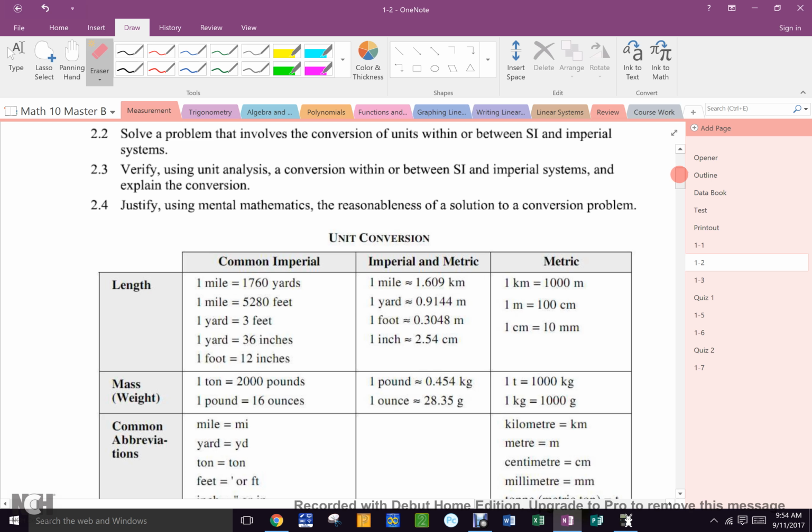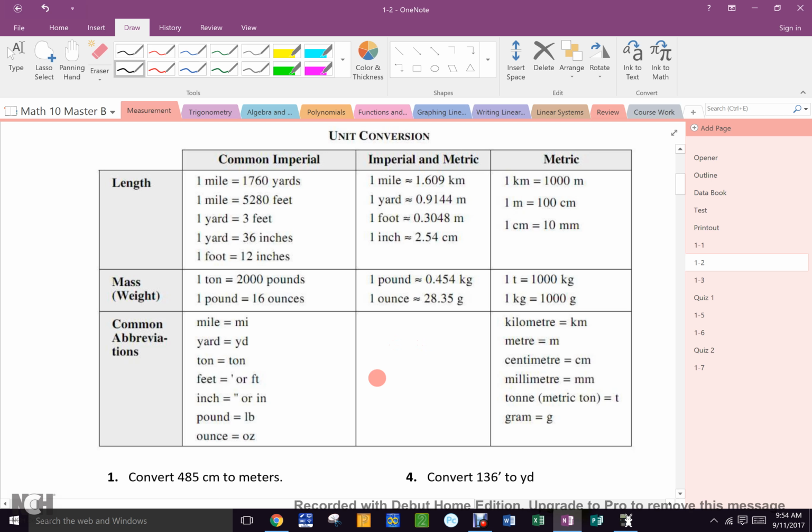So now we're going to talk about what is happening. I've left this blank space here for a reason, because here's where we're going to write how we do this. For any conversion, and this works in math class, physics class, chemistry class, it doesn't matter, it works all the time: you take the original amount, the amount you are starting with, and you multiply by the following fraction.